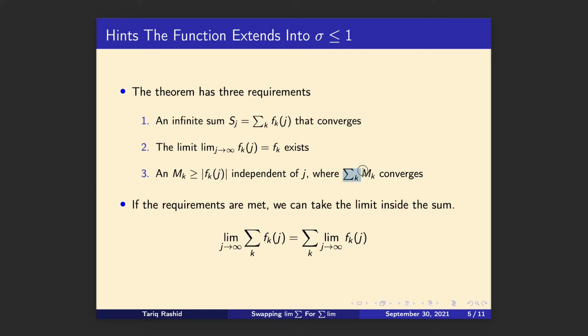Because it converges, it says something about f_kj, that it doesn't behave too crazily, because if it did, then this wouldn't converge. So it's kind of creating an envelope, a bound. We can say that M_k dominates this term here.